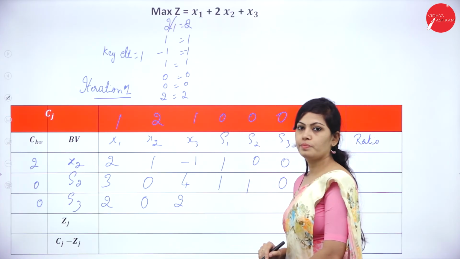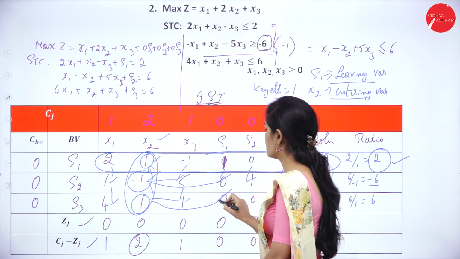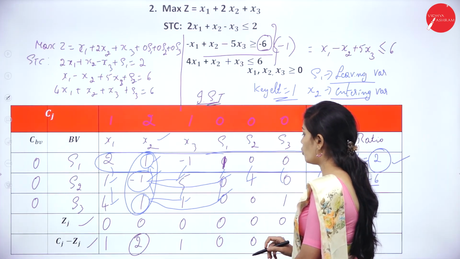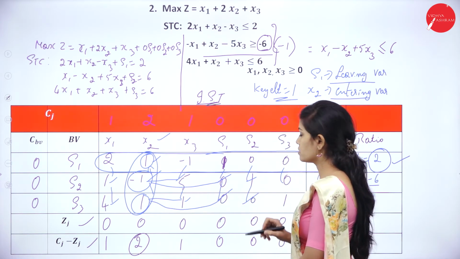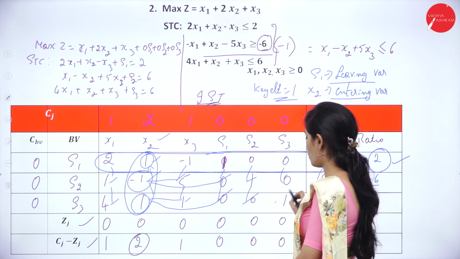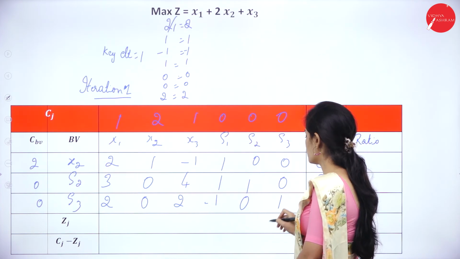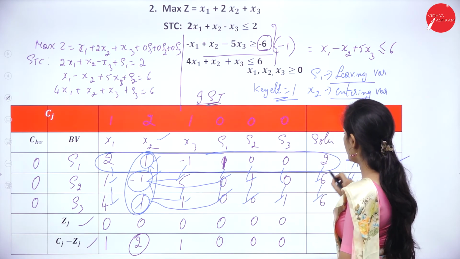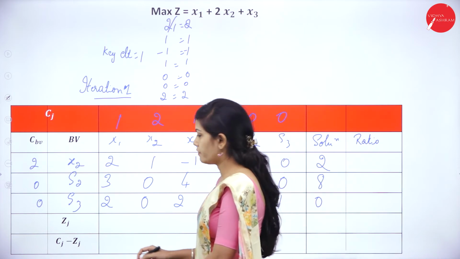Answer is 2. And old value is 0, corresponding key column 1, key row is 0. Answer is minus 1. And old value is 0, corresponding key column 1, key row is 1. Answer is 0. And old value 1, corresponding key column 1, key row is 0. Answer is 1. And old value is 6, corresponding key column 1, key row is 6. So answer is 0. So now you can find the Zj value.